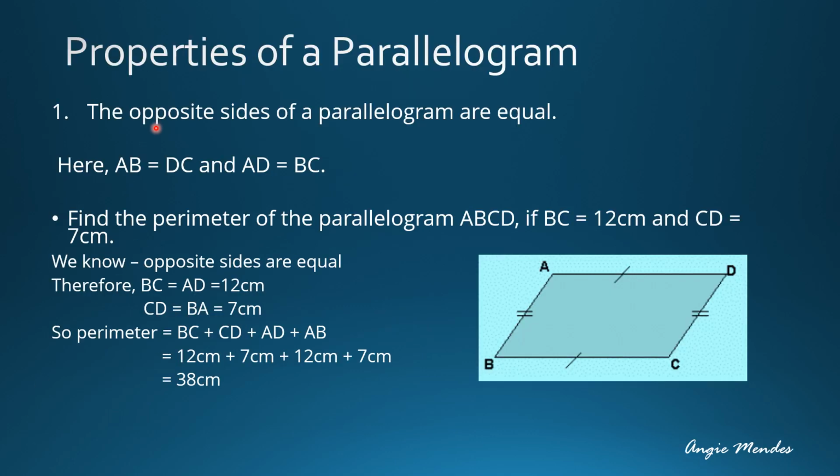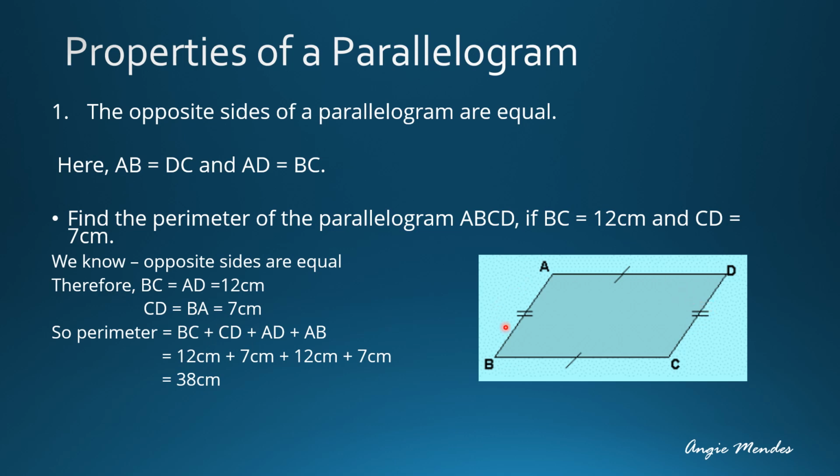Let's take each property of a parallelogram one at a time. The opposite sides of a parallelogram are equal. So we'll take an example. If we are to find the perimeter of a parallelogram given two sides. So in this parallelogram, BC is 12 centimeters and CD is 7 centimeters.